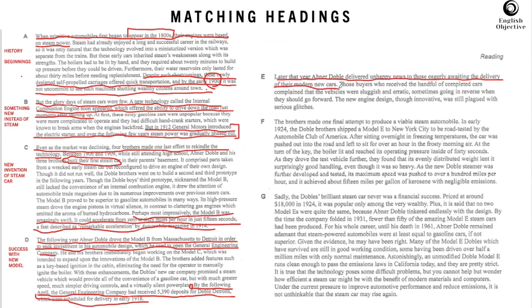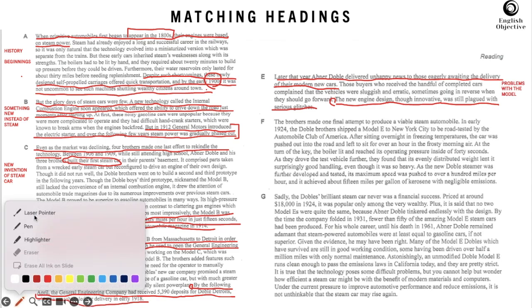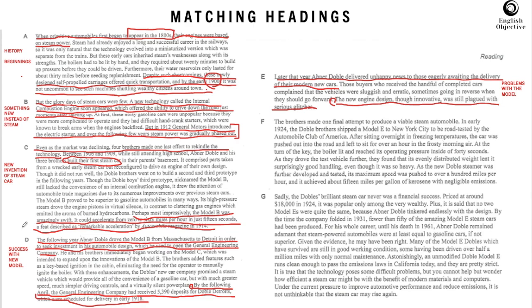Okay, so some problems. Let's go from full stop to full stop. The new engine design, though innovative, was still plagued with serious glitches, some mistakes, some failures. So I'm going to call that paragraph: Problems with the Model.